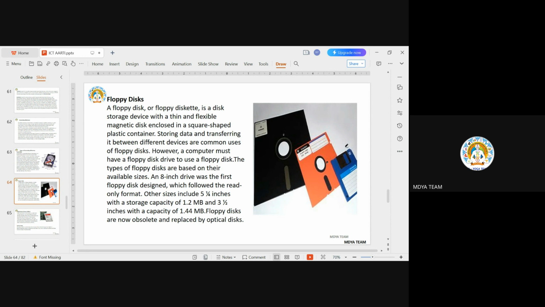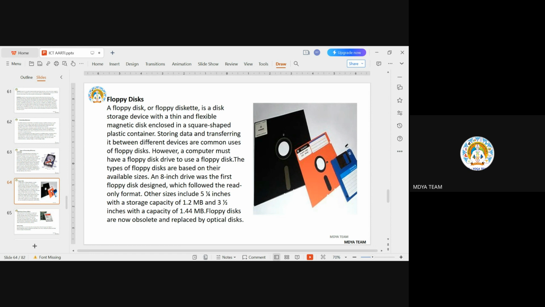First one, a floppy disk or floppy diskette is a disk storage device with a thin and flexible magnetic disk. The magnetic disk is enclosed in a square shaped plastic container.